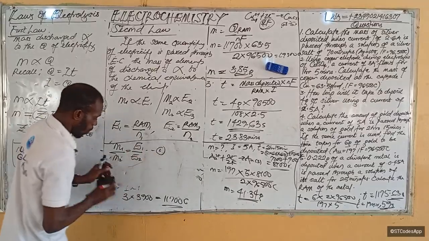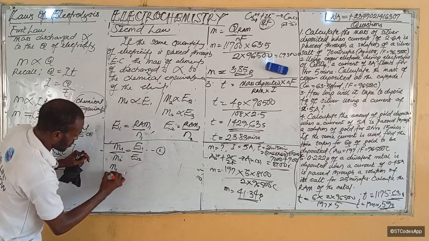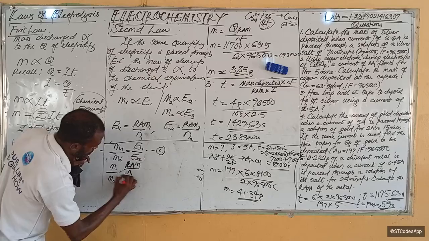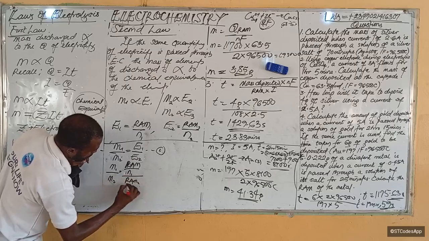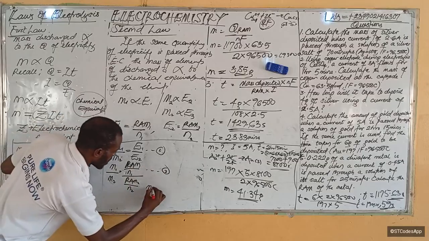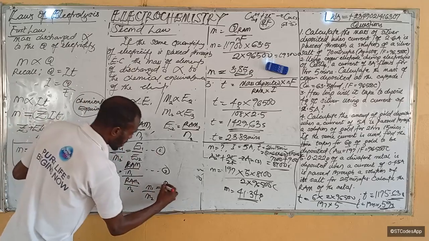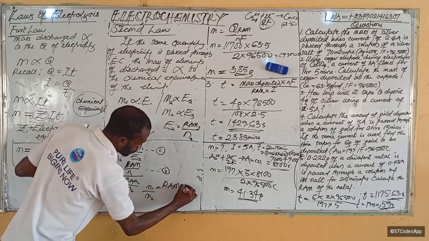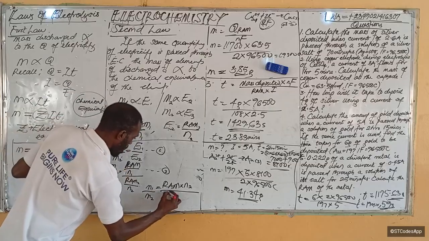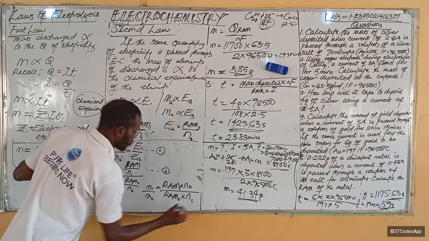You use this equation 1 where you are given chemical equivalence. If you are not given, you use M1 over M2 is equal to RAM1 over N1 over RAM2 over N2. This formula becomes M1 over M2 equal to RAM1 times number of moles of 2 over RAM2 times number of moles of 1.